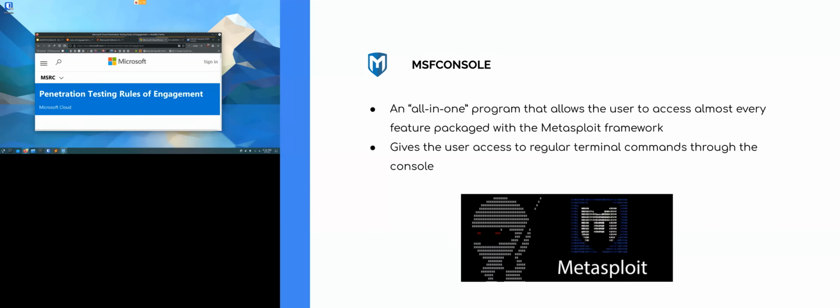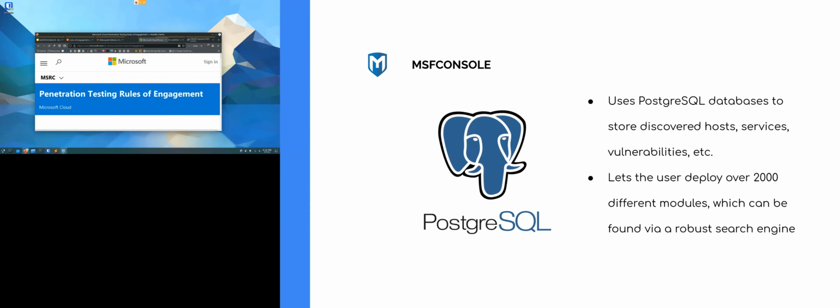The console also gives you access to regular terminal commands if you need them. The MSF console uses Postgres as its database to store discovered hosts, services, and vulnerabilities. It also allows users to deploy over 1,677 different modules, which can be found in a robust search engine.